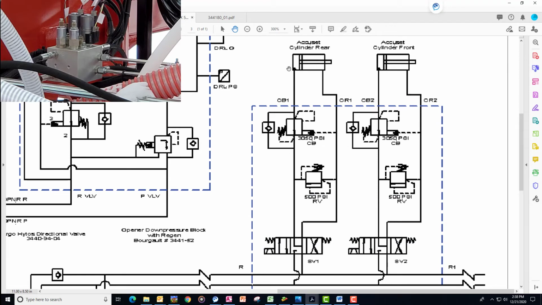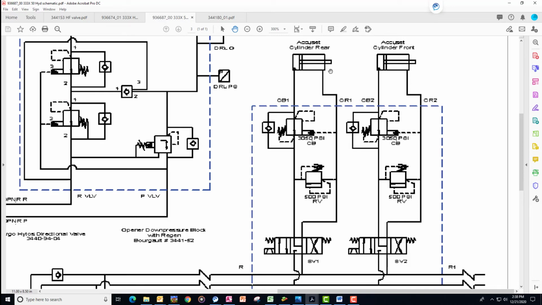These AccuSet cylinders have a proximity sensor in them, so they know where they are located, and then the app would know how high to make them to match the amount of shims. With the AccuSet system, the frame weight sits on the cylinder. So there is a 500 psi relief valve.